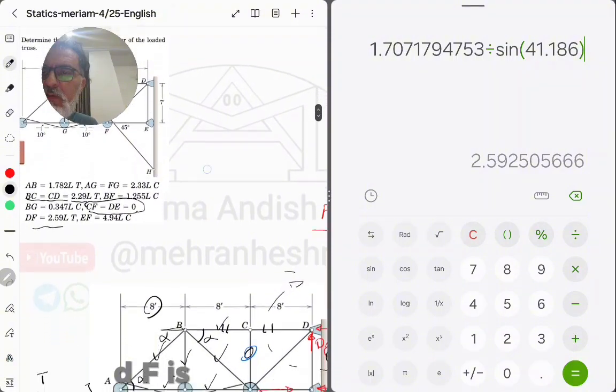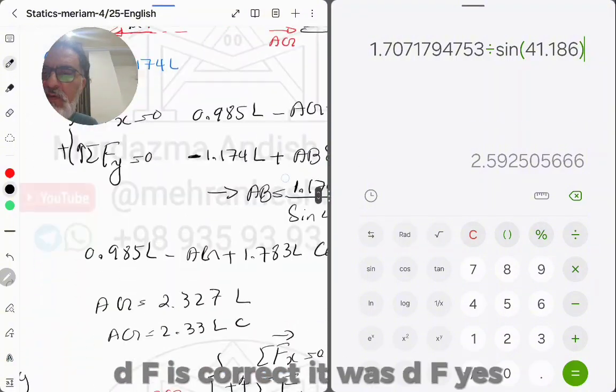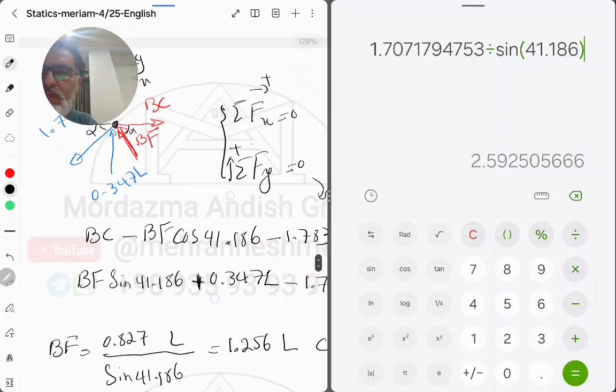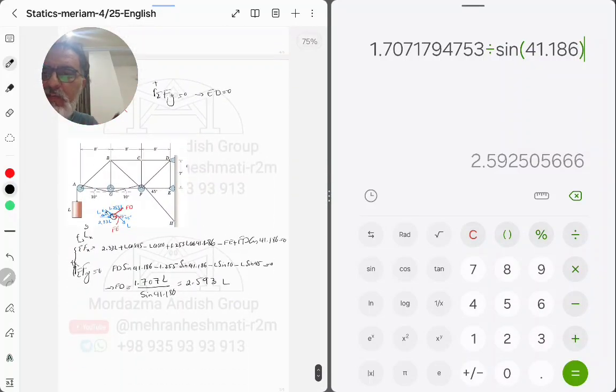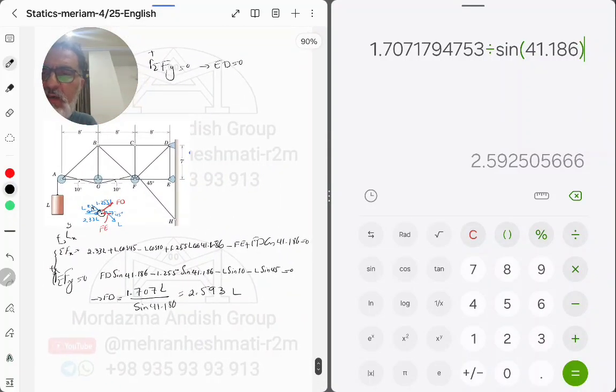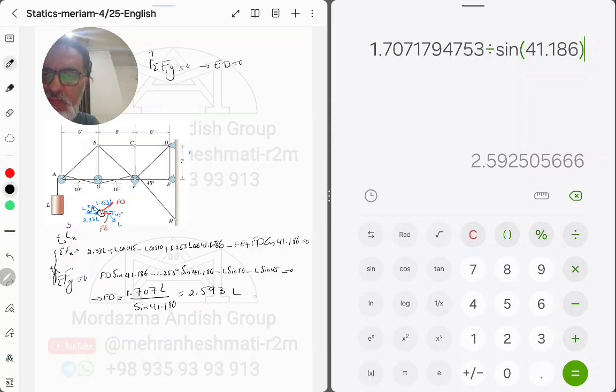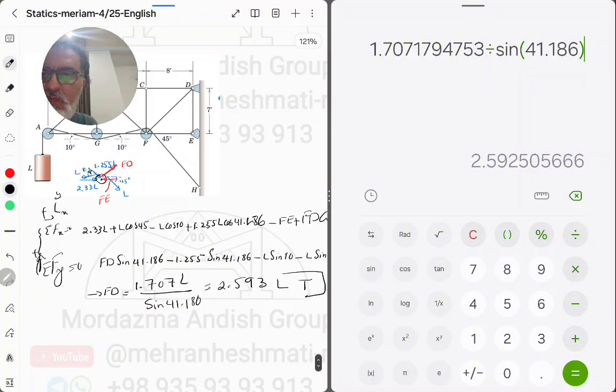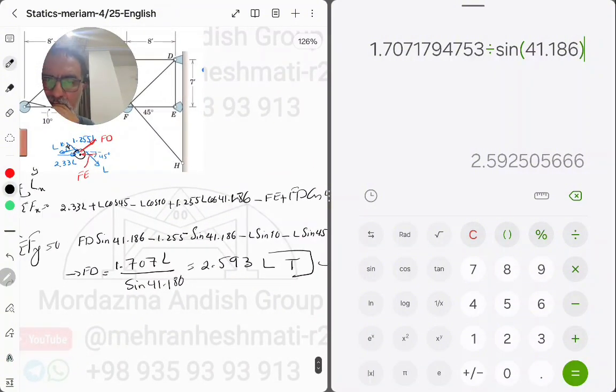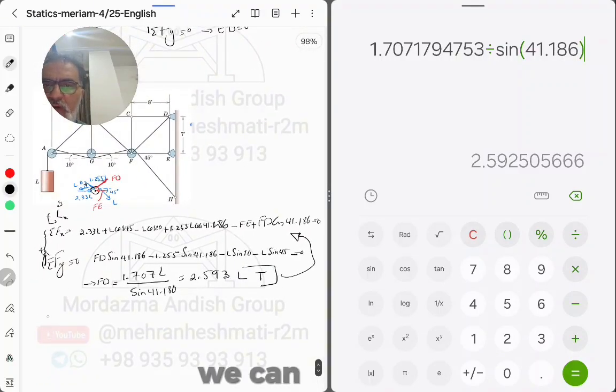DF is correct. It was DF, yes. And we consider FD as a tension. And we can put it here. We can find FE.